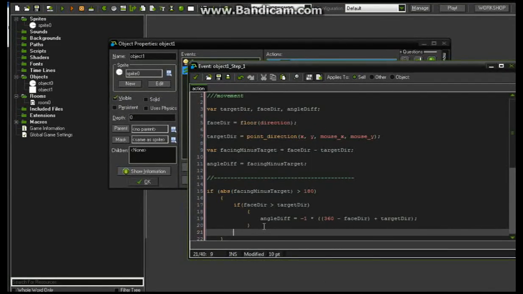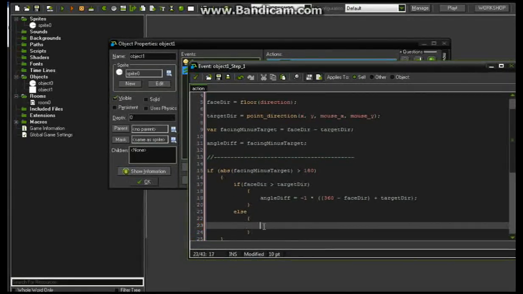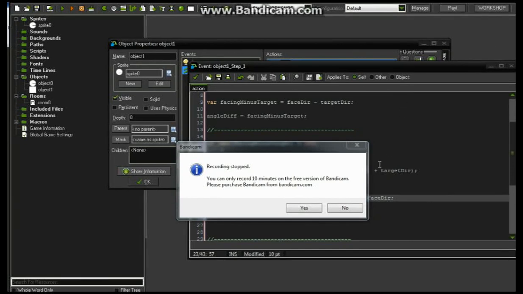So we do else, the angle difference will equal 360 minus target's direction plus facing direction. And that ought to fix it.